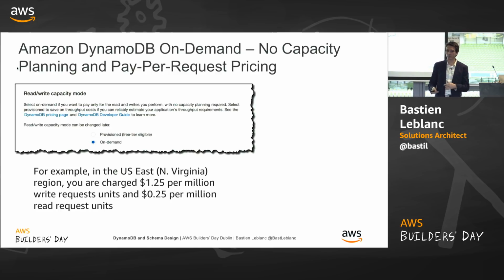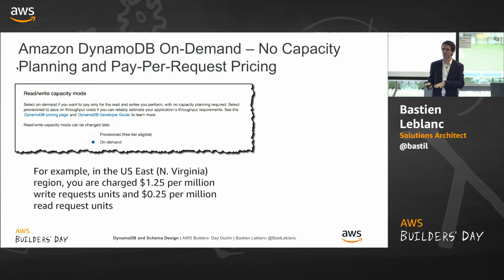Now you have two choices. Either you stick to the provisioned mode, so you will decide, like we've done for the time series, my table for the day is very write heavy, so I need probably 700 writes, and the other I don't need a lot.